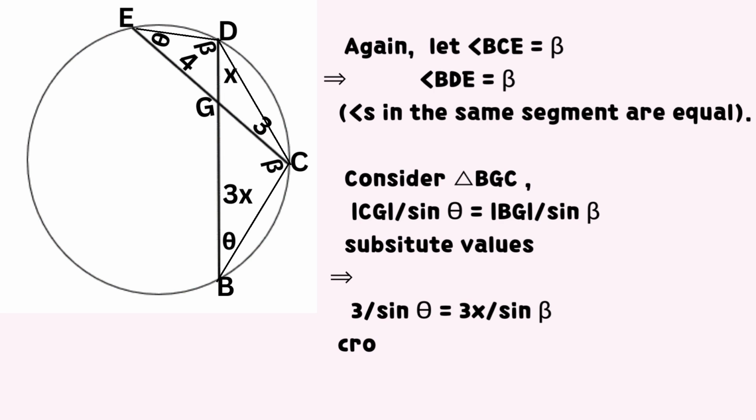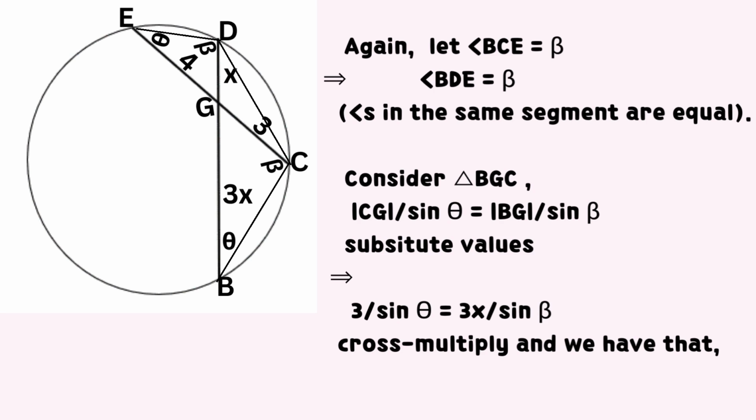Consider triangle BGC. Line CG divided by sine theta equals line BG divided by sine beta. Substitute values and we have that 3 divided by sine theta equals 3X divided by sine beta.